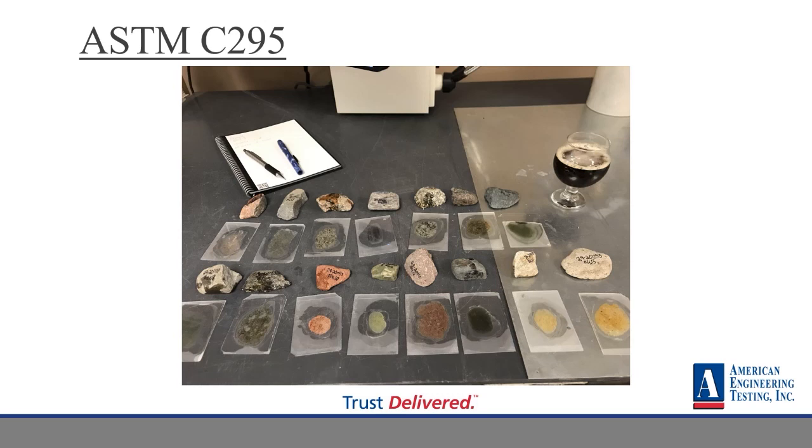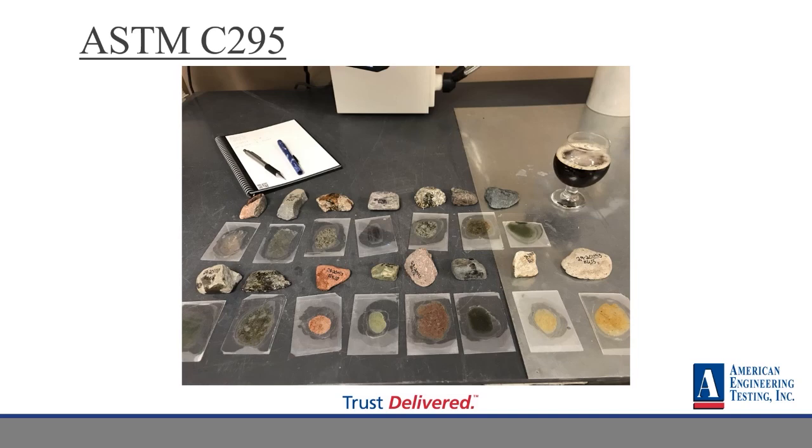So after you get your thin sections and you start going through those, you start identifying your lithologies, then you'll do a gradation with US standard sieves, typically for concrete coarse aggregate.